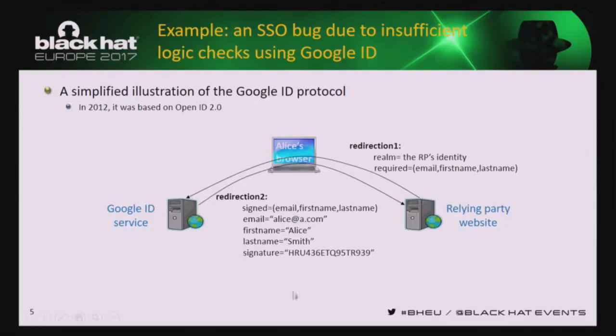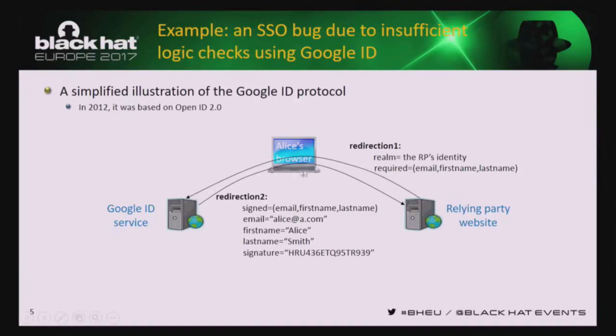So in redirection 1, there is a field realm equals the relying party's identity, and then required equals email, first name and last name. So essentially the relying party is telling Google ID, please give me the email, first name and last name of the user. Okay.